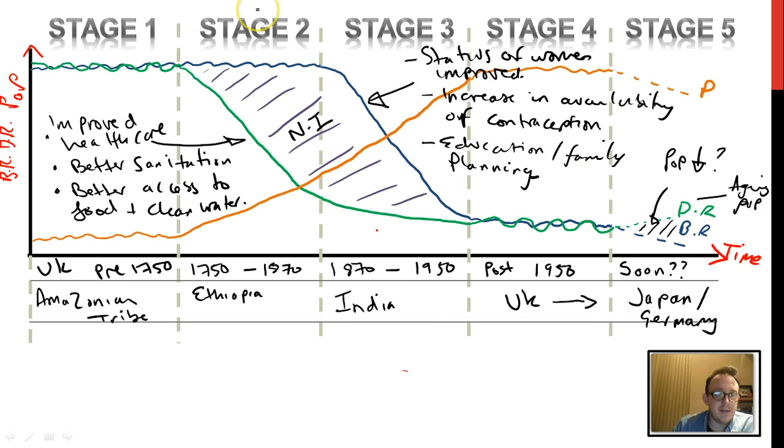Now, we've got certain names for each of these stages, which I just want to give you quite quickly, and you can add these in. So stage 1 is known as high fluctuating. Okay, stage 2 is early expanding.